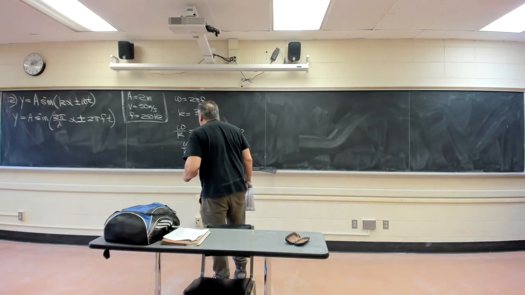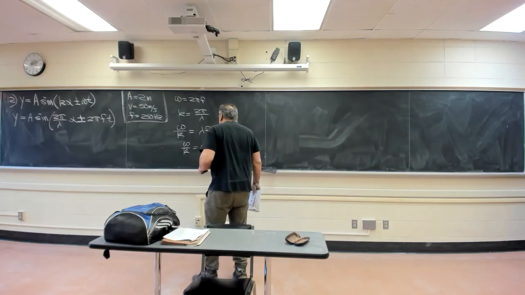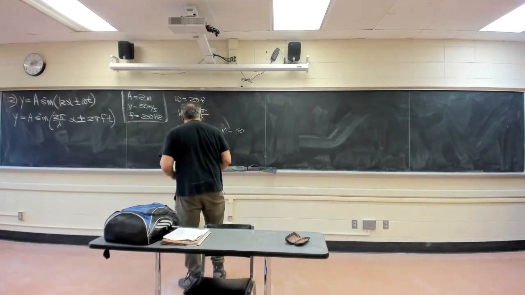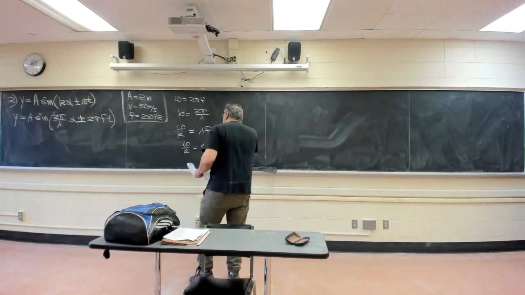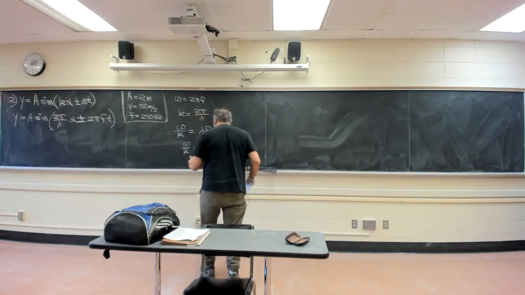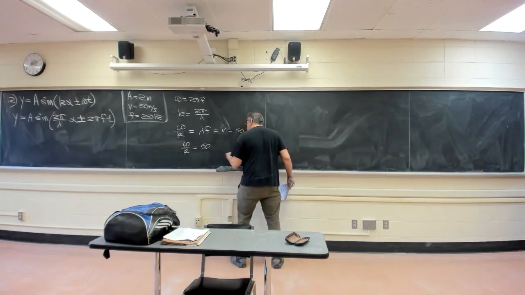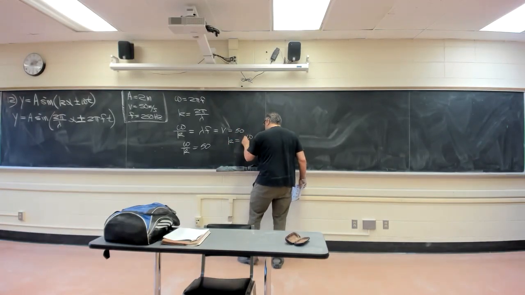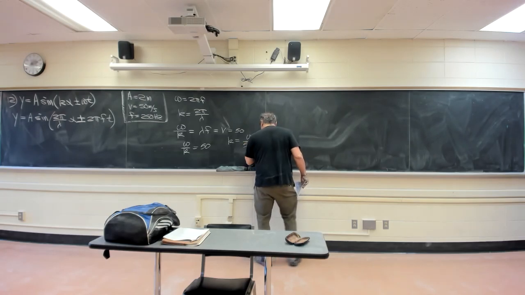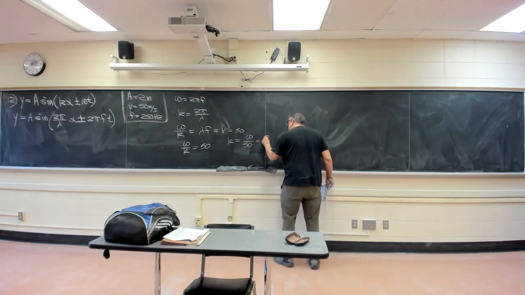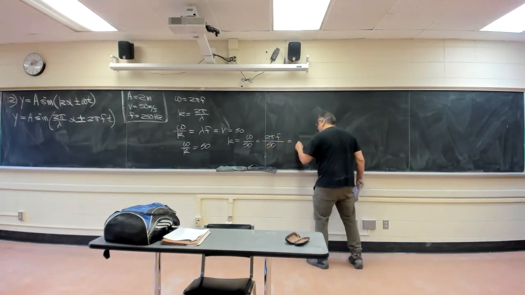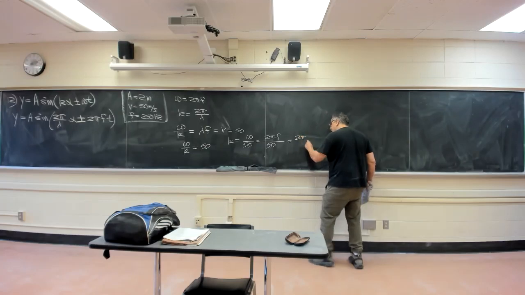So let's talk about a number of things here. Let's see what we can put in place to figure out what's going on. I could solve for k: multiply by k on each side and divide by 50. Then k is omega over 50, where omega is 2 pi f, and they already told us f was 250.